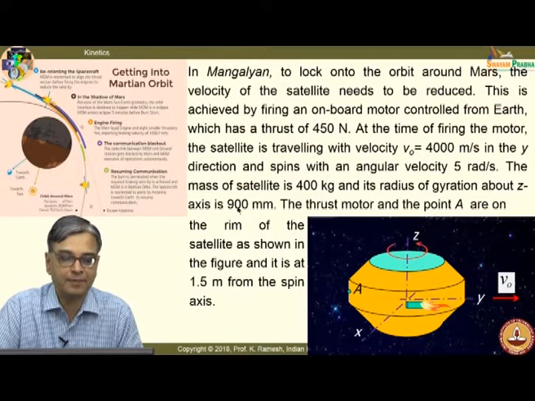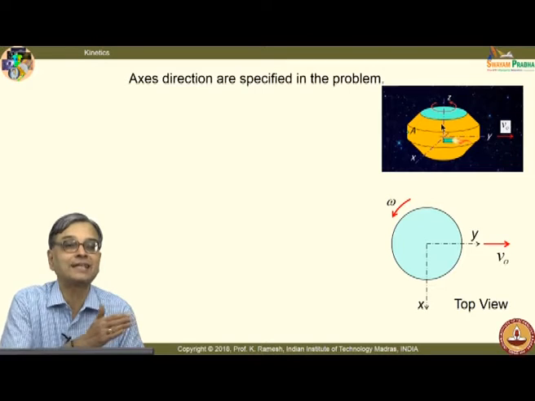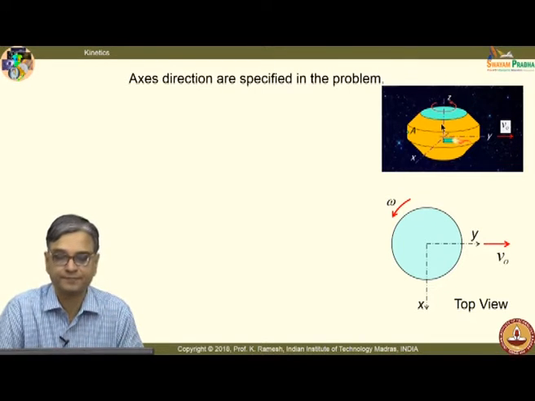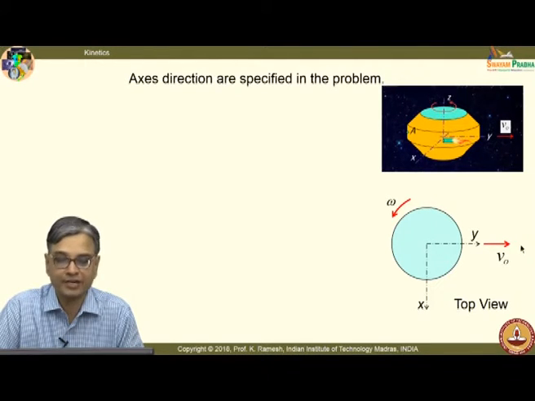So, the parameters are given which are very clear and simple, and you have to recognize that the satellite is spinning as well as having a linear motion, and originally it is travelling with a velocity v naught in the y direction.